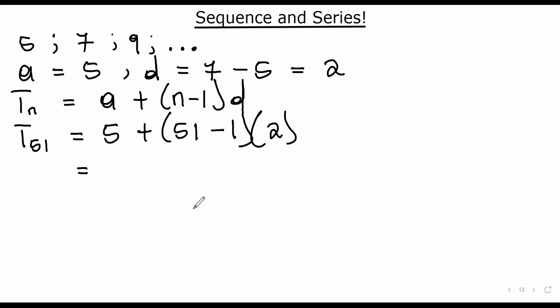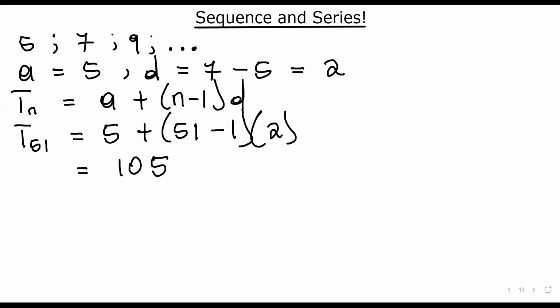You didn't need to find the general term first, but you had to know what is A and what is your D, and you can easily find term number 51. So, if we substitute this into the calculator, we find that term number 51 will simply be 105.